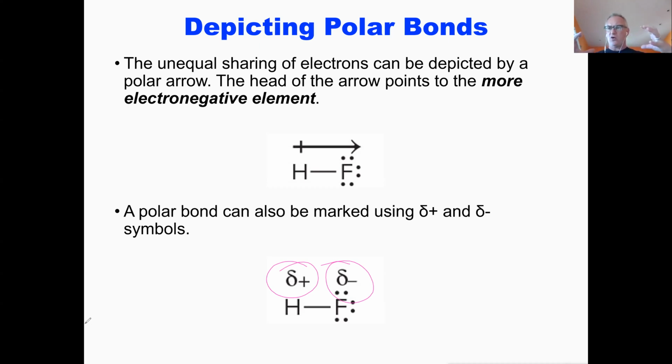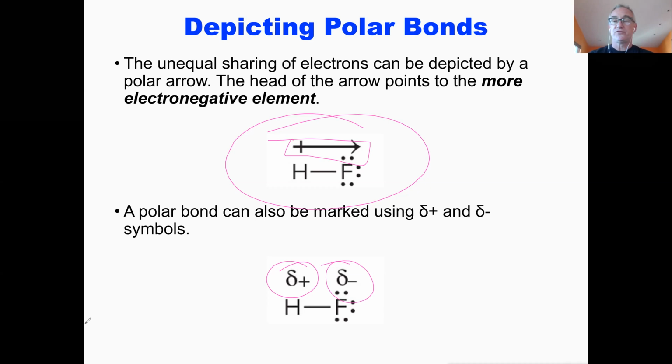But when you're drawing a whole molecule with lots of different atoms, I find the arrow a lot more helpful because it shows you the directions. You get the relative size, how long the arrow is, and the direction it's pointing will help you determine whether or not all of those bonds add up to a polar molecule. So when you're drawing a molecule, I recommend using the arrows and not the delta signs, okay? Because it will help a lot more.